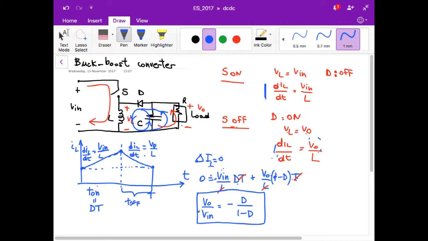Because remember that during T on, the input voltage provides energy to the inductor, and the capacitor provides energy to the load. During T off, the input is disconnected, and the inductor provides energy to the capacitor and to the load.